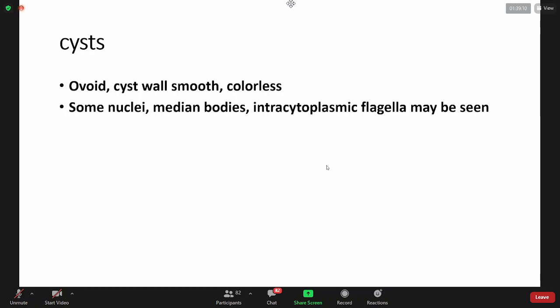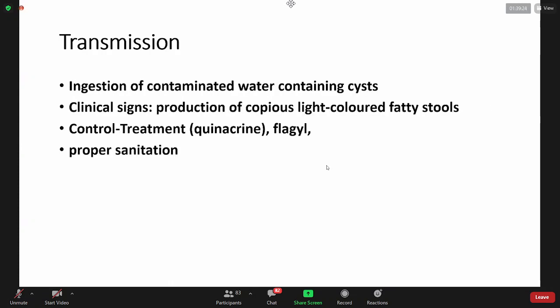It has nuclei. So those are the structures that can be found in the cyst. The median bodies and intracytoplasmic flagella can still be seen within the cyst. Transmission is also by ingestion of contaminated water containing cysts, but also vegetables.